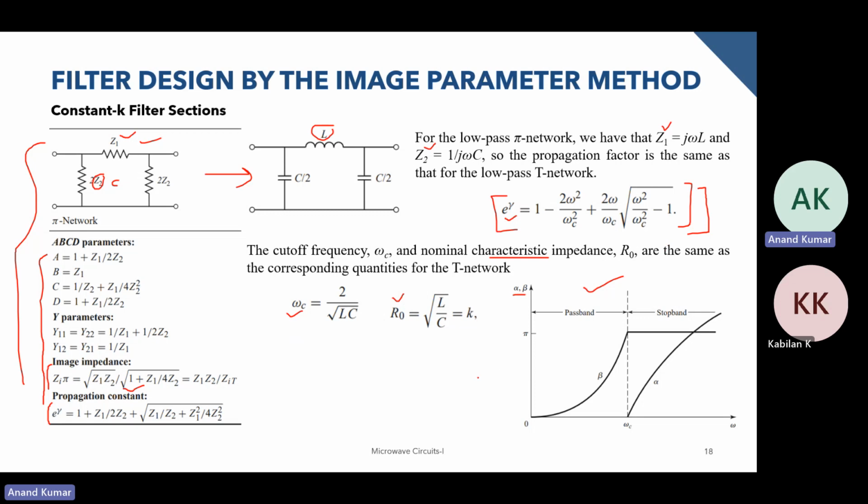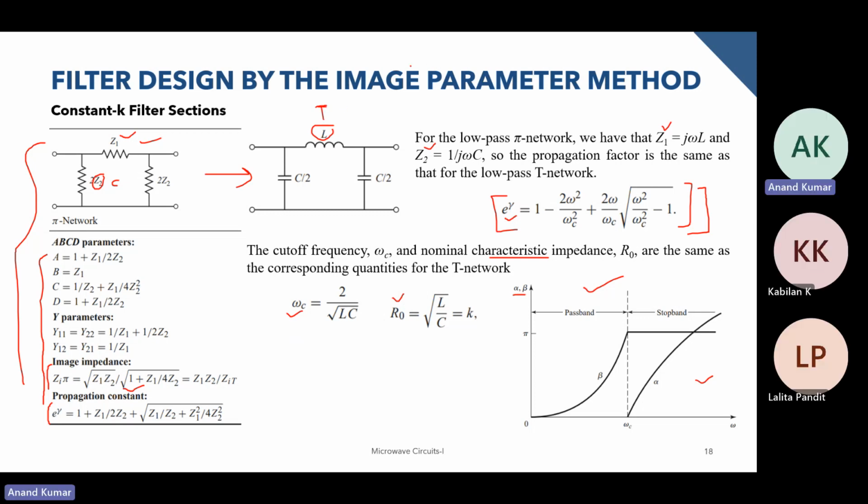All the discussions that we did on the previous slides will hold true for this case as well. So we can design the low pass filter using a T or pi network. By using either of the two cases, we can design this low pass filter.